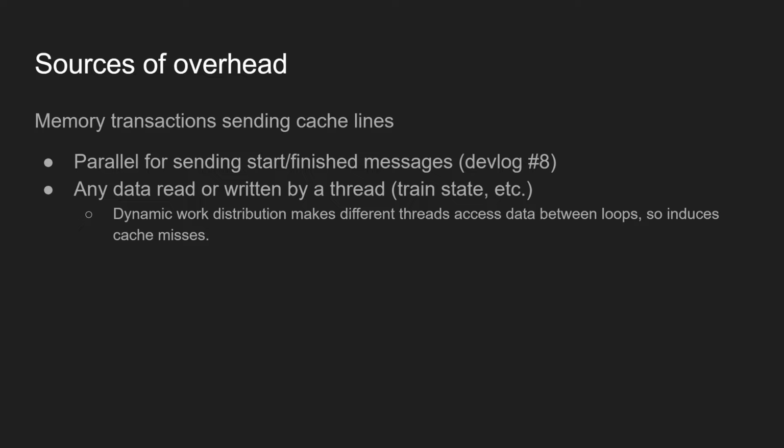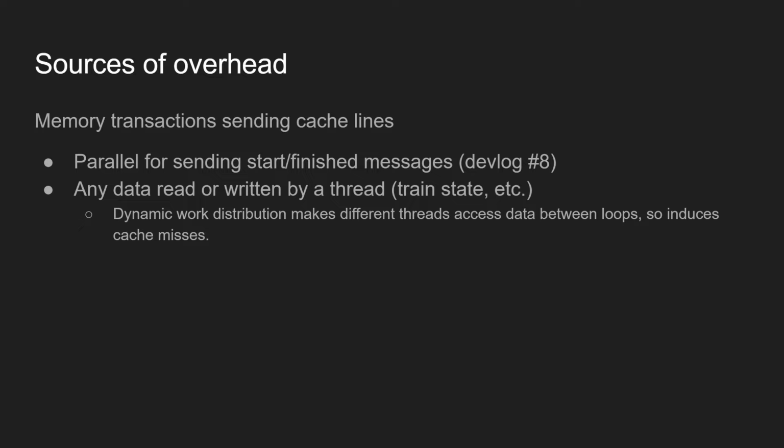This also means that if you dynamically distribute the work between threads instead of statically partitioning it, then in addition to the overhead from just saying, hey, this job needs to run on that thread, you also get the overhead of different threads reading random different data.